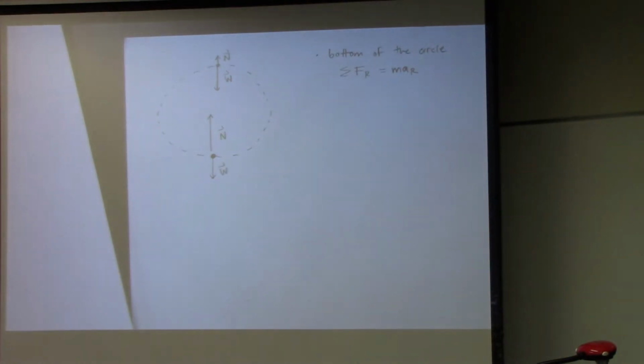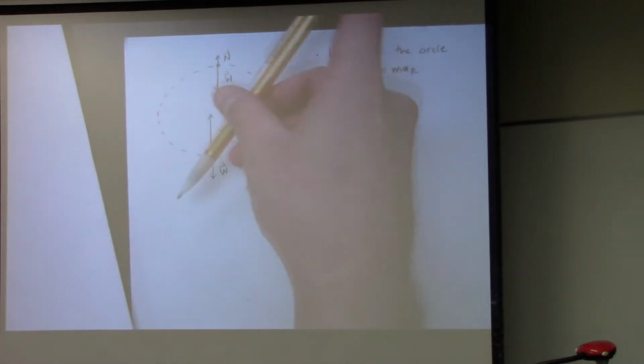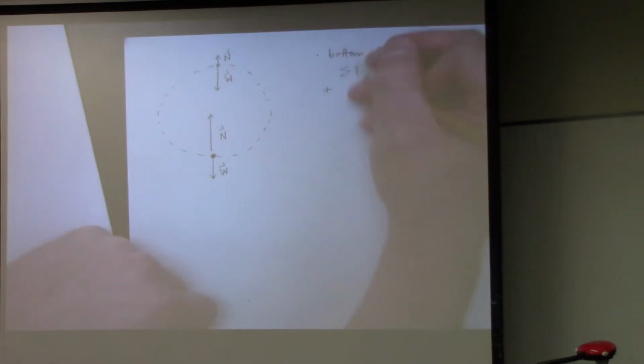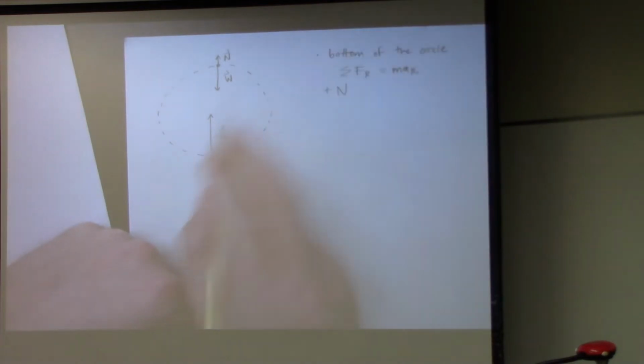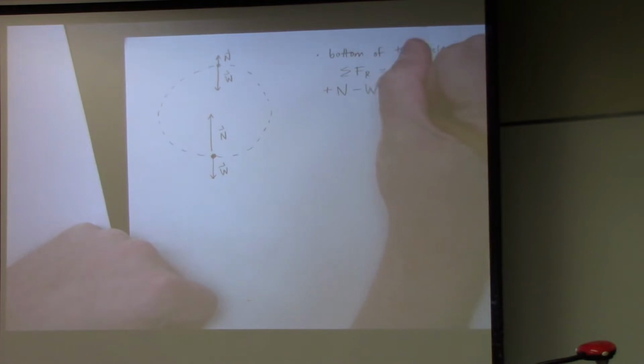All right, so when we add up forces in the radial direction, you have to remember the sign convention for this. If I have a positive force, that indicates my force is going inwards, and if I have a negative force, that indicates my force is going outwards. Okay? So what we have here is a positive normal force, that's going inwards, and a negative weight, that's going outwards.